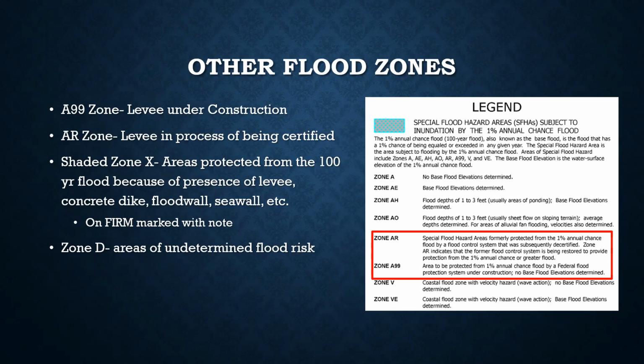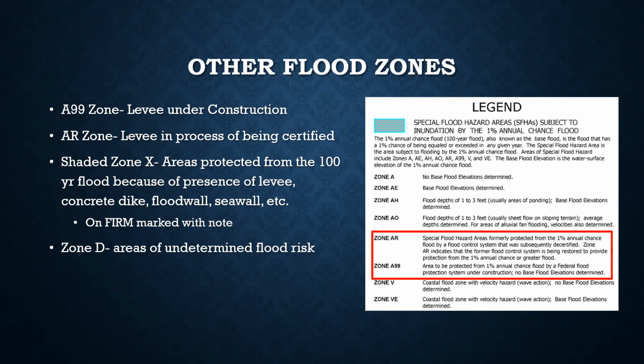A shaded zone X. There's a couple types of zone X. The shaded zone X is the areas protected from the 100-year flood because of some type of flood protection measure, whether it be a levee, a concrete dike, a flood wall, or a seawall. You will see that noted on a FIRM.